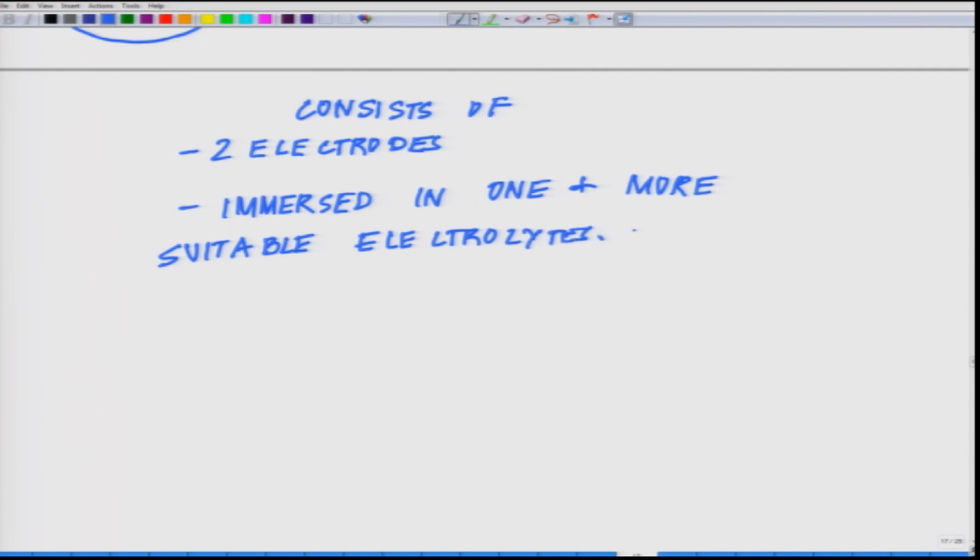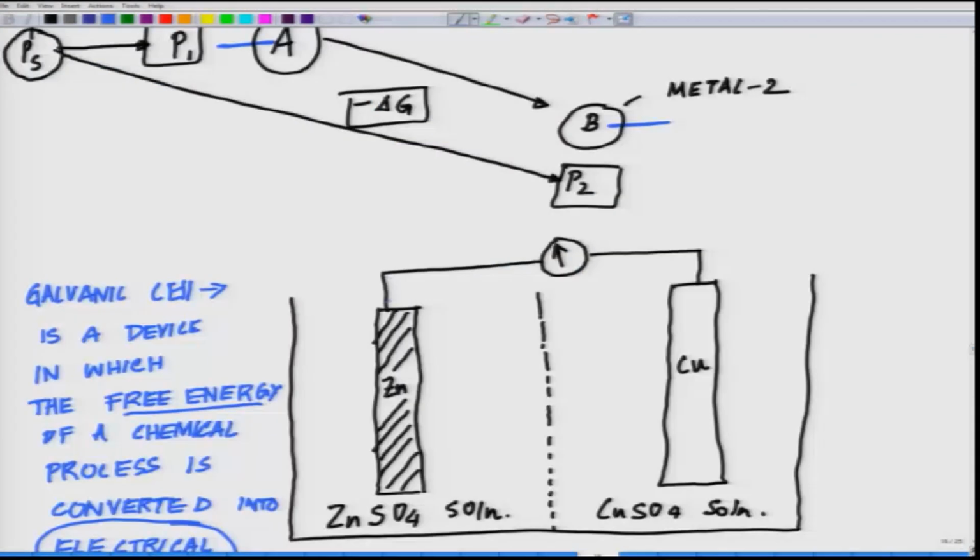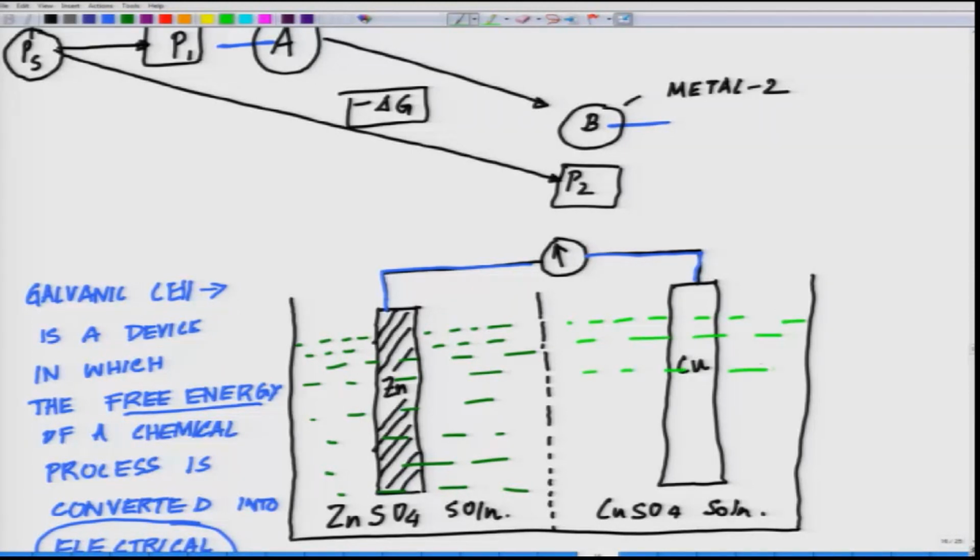The electrodes are connected externally by a metallic conductor. This is the metallic conductor we are talking about, and here we have a different salt solution, zinc sulfate, and on the other side copper sulfate. When the electrodes are connected externally by the metallic conductor, current flows from one electrode to another.